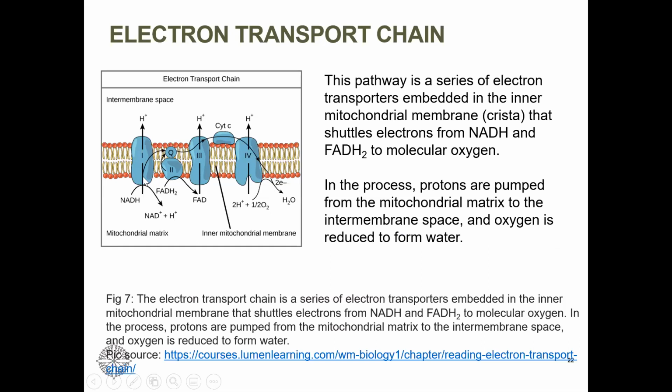So we have these complexes, complex 1, 2, 3, 4. And with the support of these enzymes, we are just dancing, again I'm using that word, we are just juggling electrons from one place to another.